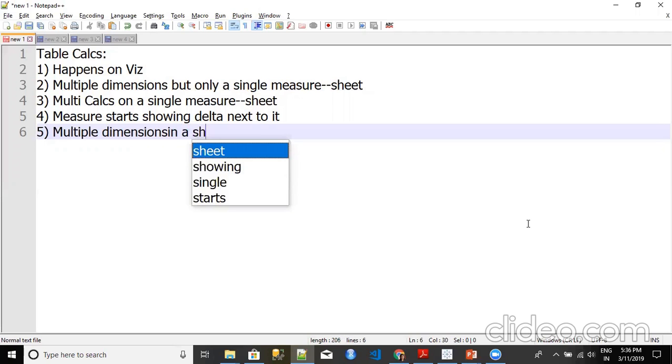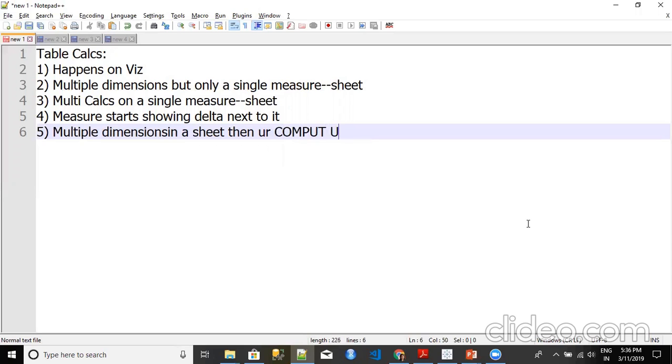But the moment you start having multiple dimensions in a sheet, then two concepts, compute using, and the second one, relative to, start coming into picture. Now, what do I mean by compute using?